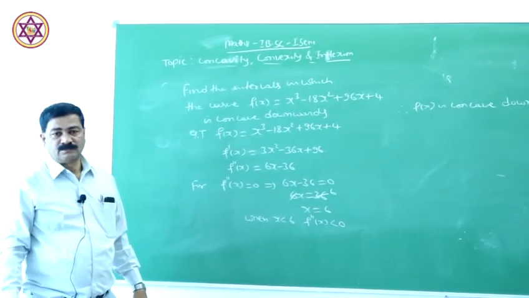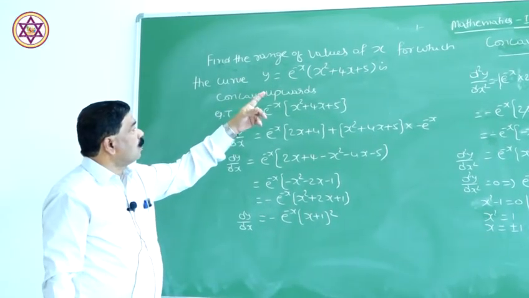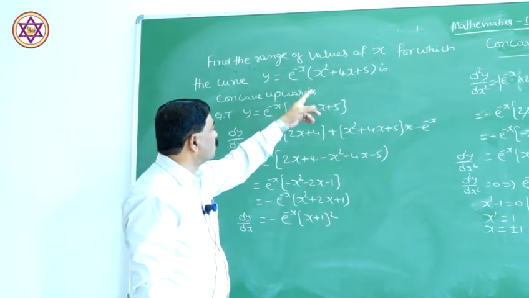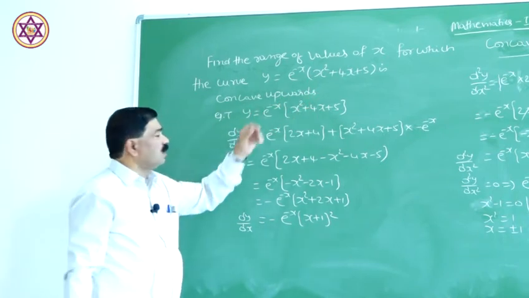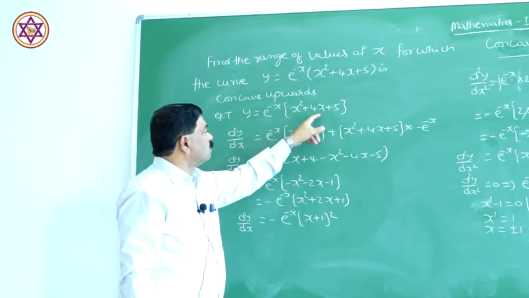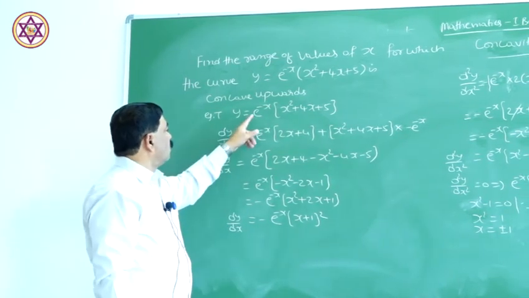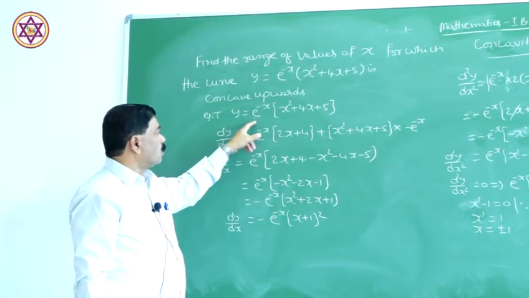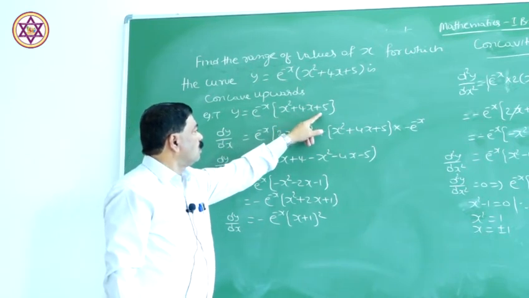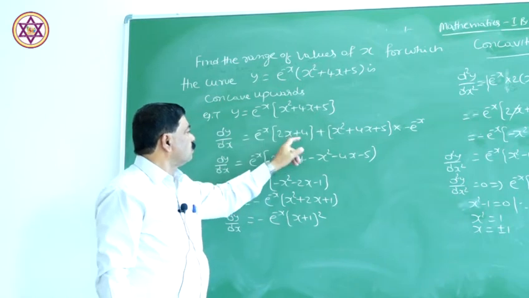That's all. Find the range of values of x for which the curve y = e^(−x)(x² + 4x + 5) is concave upwards. Differentiate using the product rule. First into derivative of second: (2x + 4) into 1 plus 0, so 2x + 4.